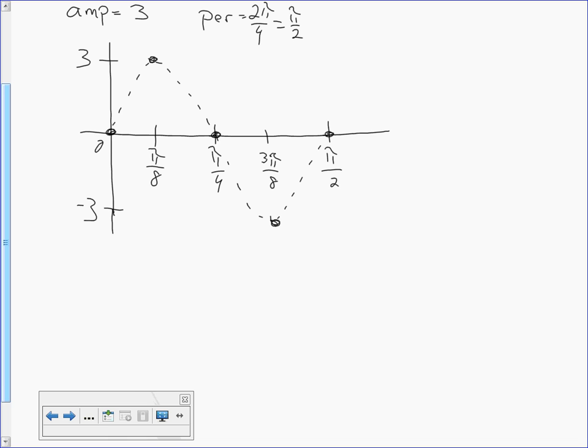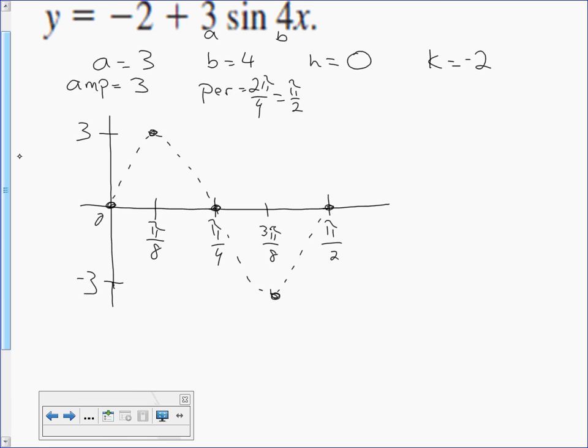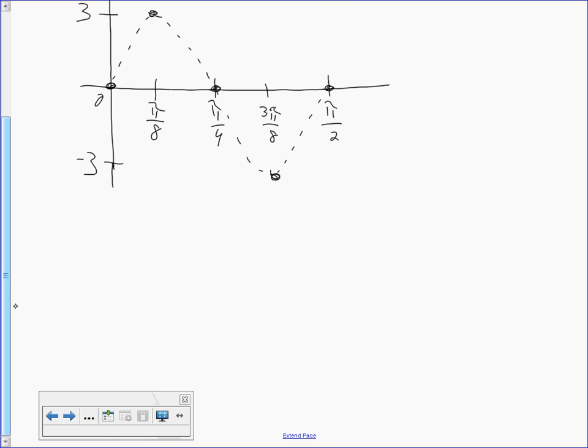Now, for each of these points, I worry about my shift. Do I move them left and right? No. So what do I have to do to each one of those points? Down 2. So now I just move each of these points down 2. So instead of being at 0, I'm at -2. Instead of being at 3, I'm at 1. So instead of here, I'm back at 0.